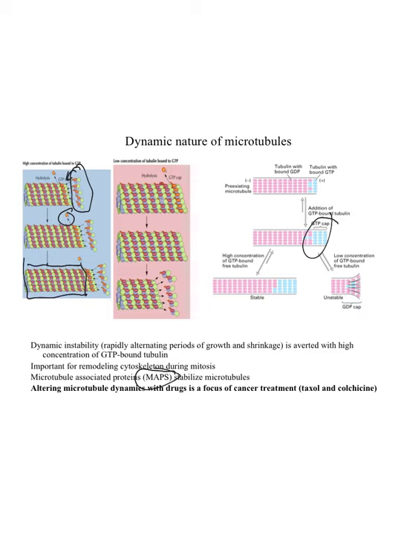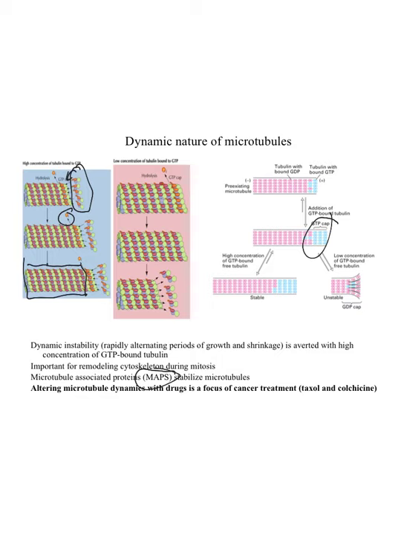And so if we could destabilize microtubule polymers when the tumor cell tries to divide, we might be able to disrupt or slow down the rate of its cell division. Cancer is essentially uncontrolled cell division. If we could slow that down, it would be helpful.